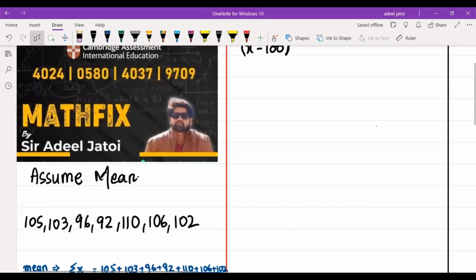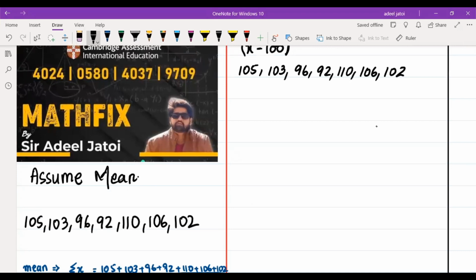Your normal data was 105, 103, 96, 92, 110, 106, and 102.